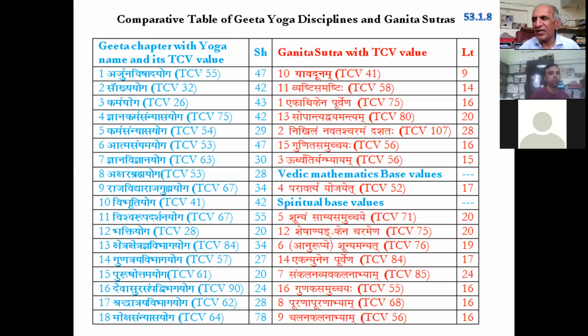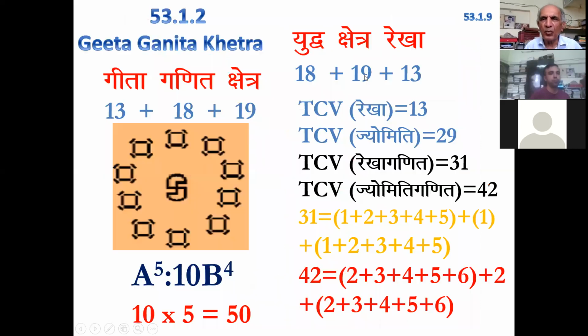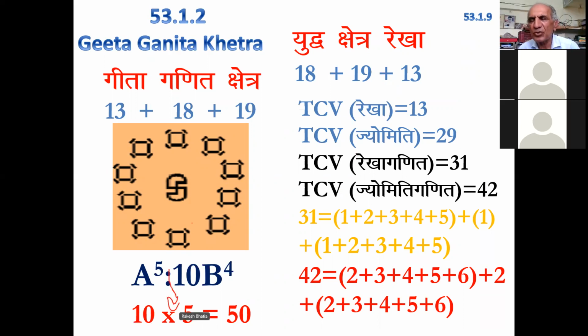The step ahead is the stage where we have to revisit the formulations Gita, Ganit Kshetra, and Yudh Kshetra Rekha, Rekha Ganit, and Jyomati Ganit. Rekha Ganit and Jyomati Ganit are two distinct disciplines. Modern mathematics, modern mind is somehow so mixed up as it is not becoming possible for it to distinguish between the two disciplines.